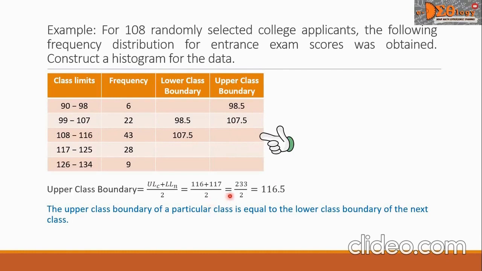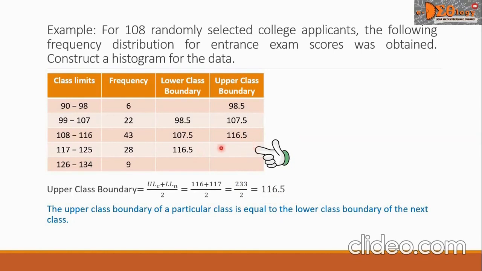This is equal to 233 over 2, which is equal now to 116.5. And this value we will copy here. And this 116.5 will be same as the lower class boundary of the next class.